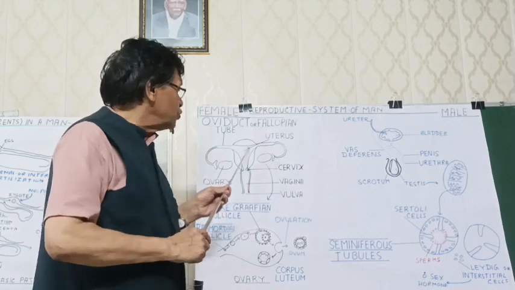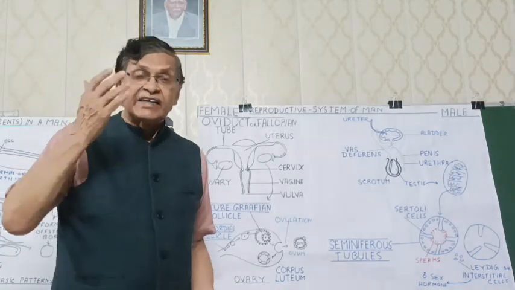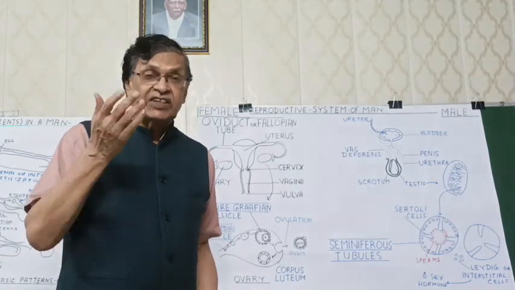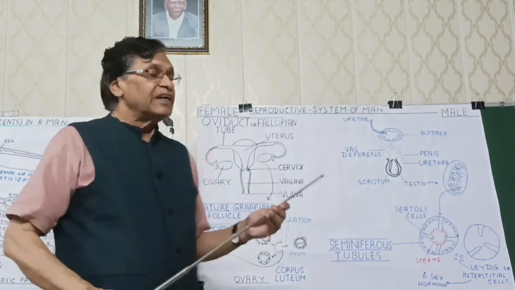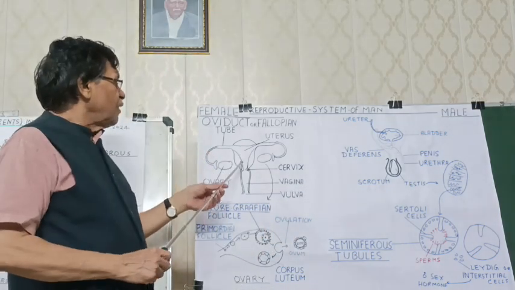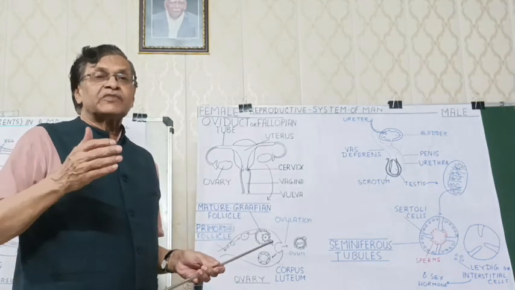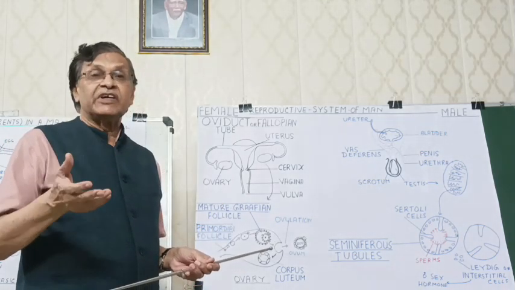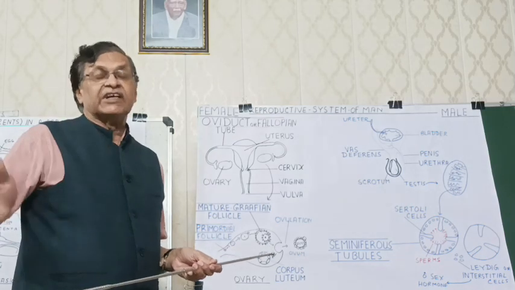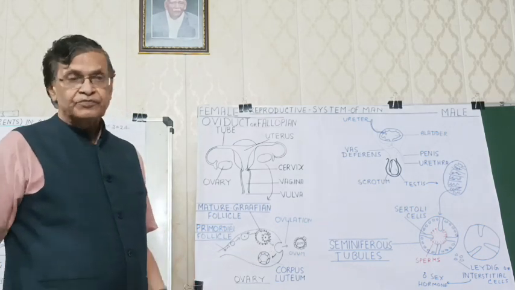It prepares the uterine epithelium for attachment of the blastula stage embryo, which is called implantation. Then after implantation, the placenta is formed and it starts developing further up to 9 months.